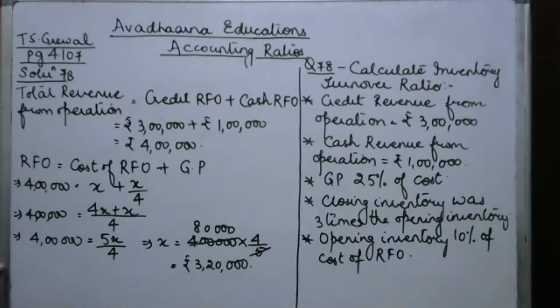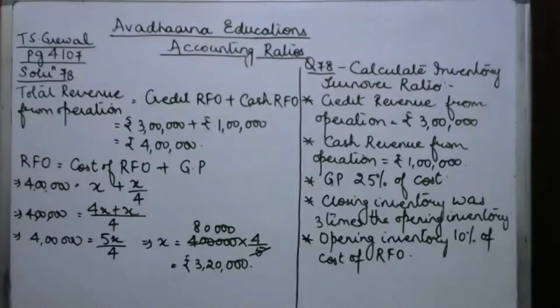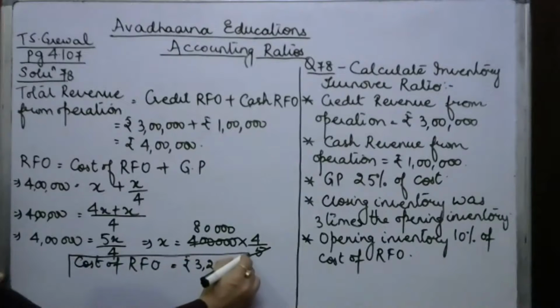Fine. And if you recall, we supposed X as cost of revenue from operation. So the cost of goods sold is 3,20,000. So we got the first piece of information: cost of revenue from operation is 3,20,000.